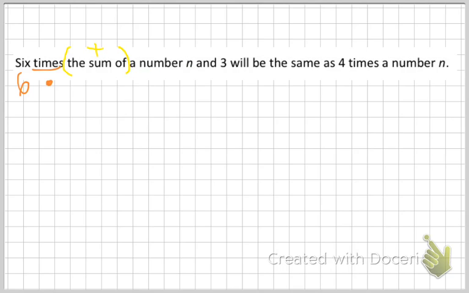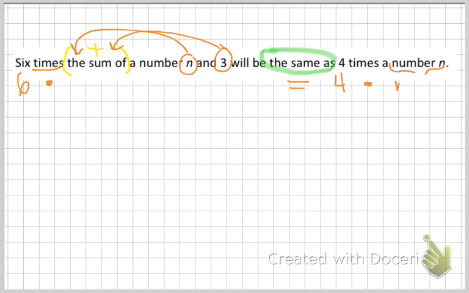So n will be added inside the parentheses, and so will 3. This will be the same as, that's where our equal sign will go, 4 times a number n. A number n is just n.